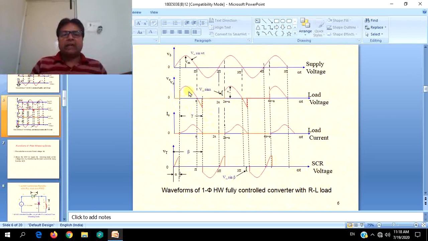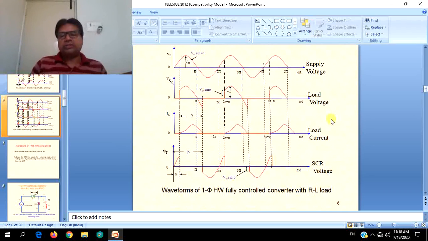Though we take the average effect of the voltage applied and the average effect of the current flowing through the load, the actual performance of the load will not be up to the mark. At the same time, the power factor will be less because of the high lagging angle between the voltage and current.